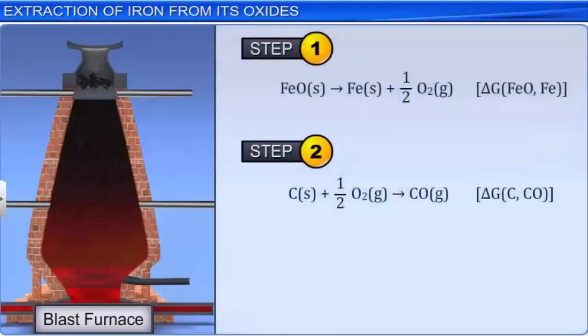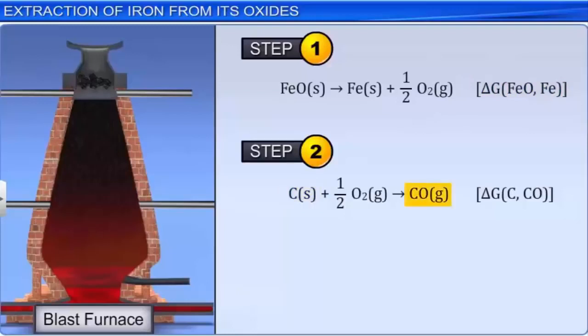This is a combination of two simple reactions. In the first reaction, ferrous oxide gets reduced to iron. Let the change in the Gibbs free energy for this reaction be delta G, FeO, Fe. In the second reaction, carbon gets oxidized to carbon monoxide.